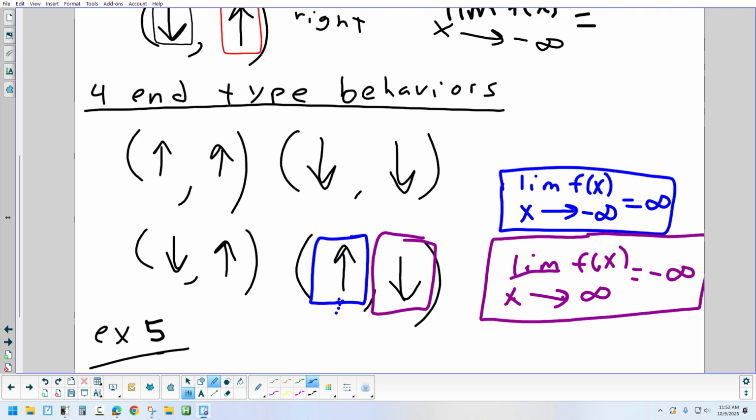The blue one says, what happens to y as x approaches negative infinity? Which way is negative infinity on the x-axis? To the left. So what happens to y as x goes to the left? Look at your arrow. It's pointing up. That means the graph would look something like this. As you head to the left, you're heading up. Infinity means up. Negative infinity over here means down.